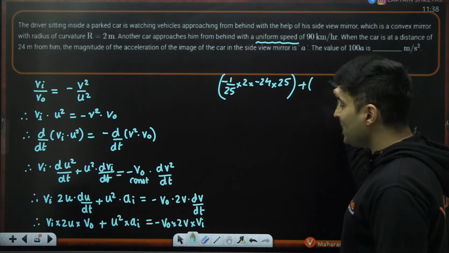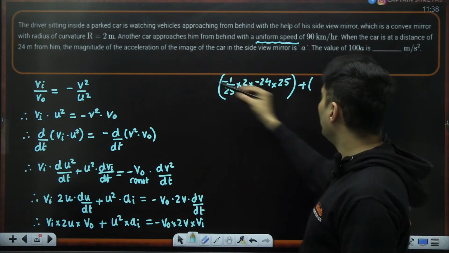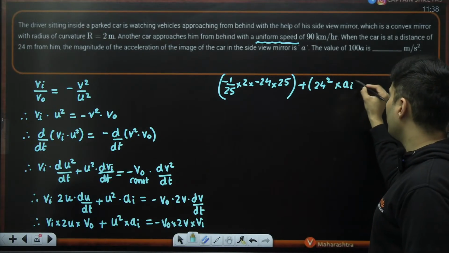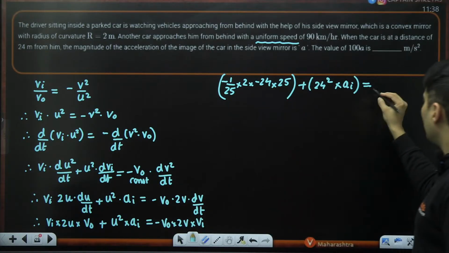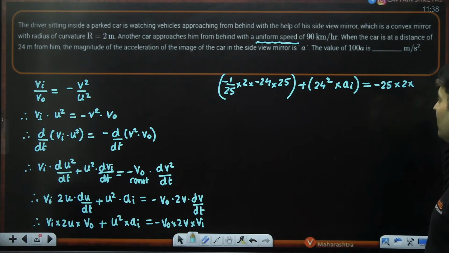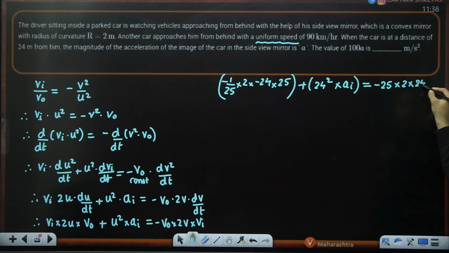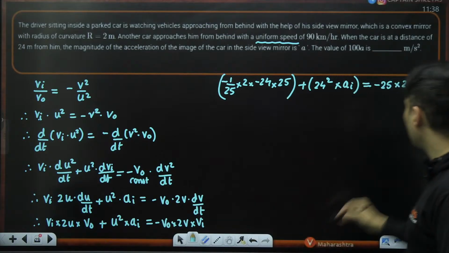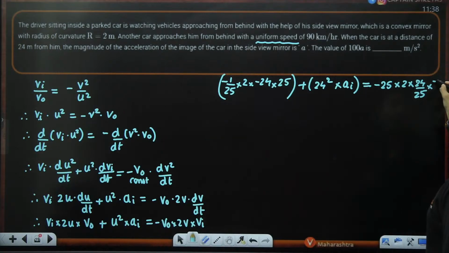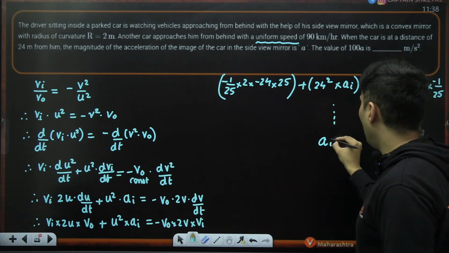Plus u square, the object distance square, 24 square, into the acceleration of the image, which I do not know, is equal to minus vo, 25, 2 into v, the image distance. Image distance we calculated as 24 by 25. So put 24 by 25 into the image velocity, which was minus 1 by 25. Just have to solve this. You will get the acceleration of that image.